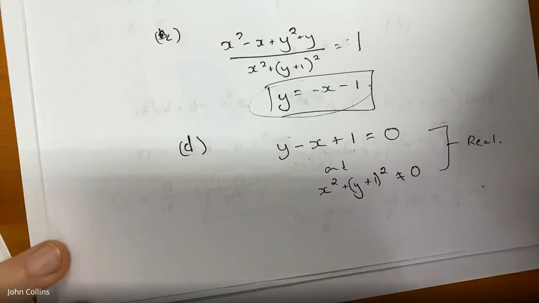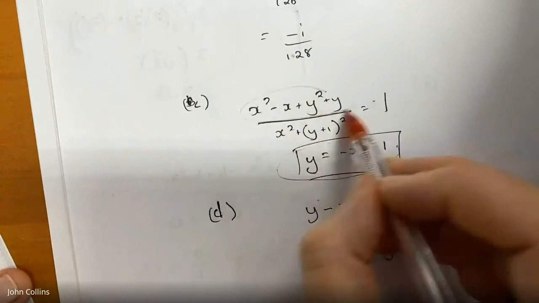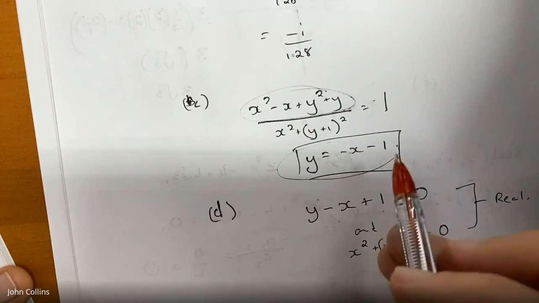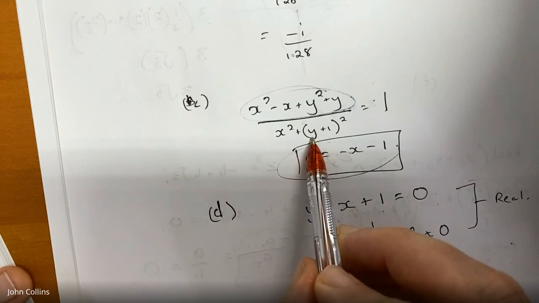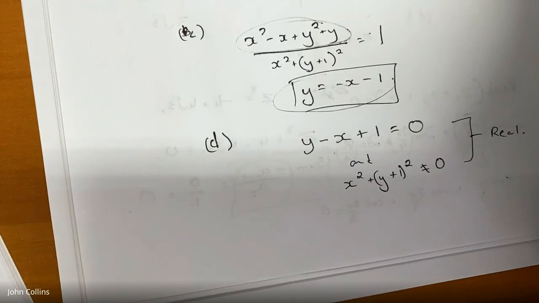Yep. And something similar for imaginary: it's imaginary if this bit equals 0, the denominator doesn't equal 0, and the real bit is 0. Yeah, same thing. So you just have to state that. I presume you can do that.